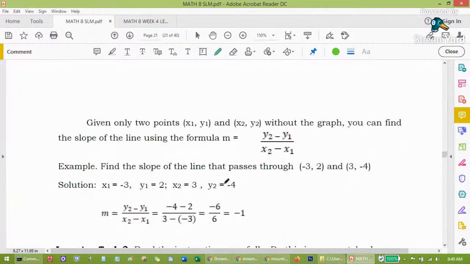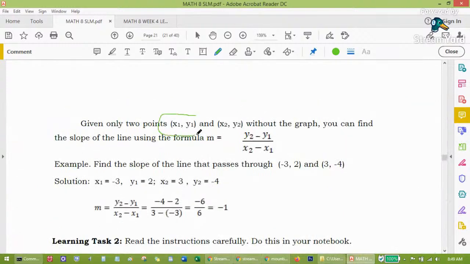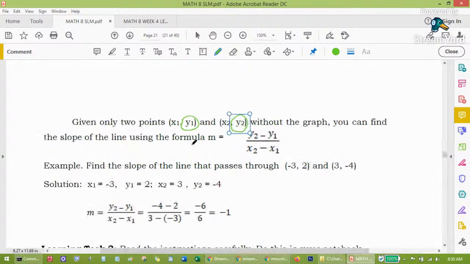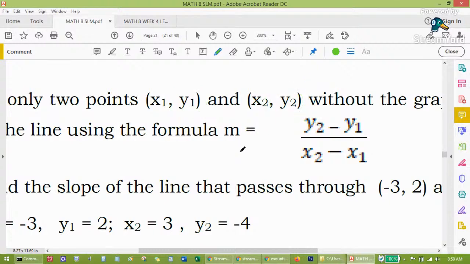So, meron din tayong formula ng slope. Okay? So, kapag meron kang dalawang points, x1, y1, and x2, y2, yung formula ng slope is y2 minus y1.